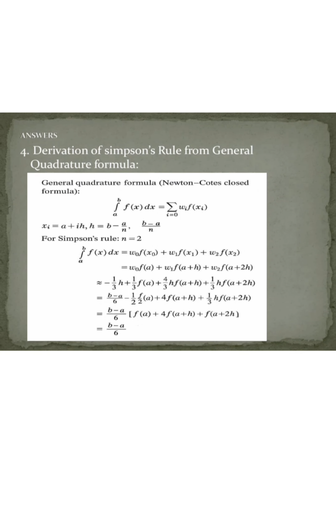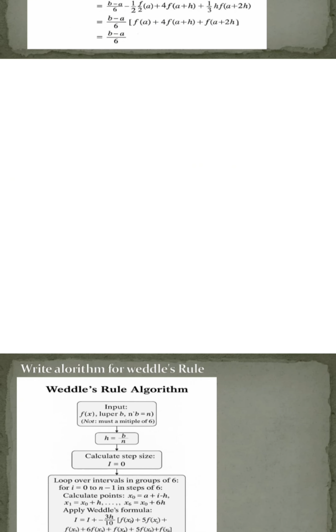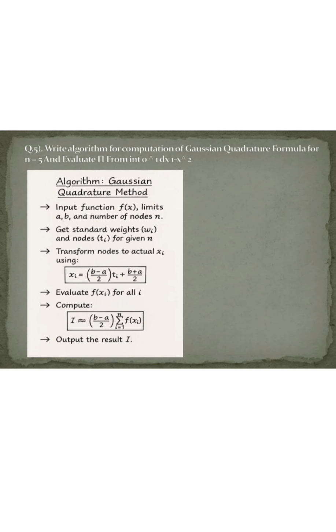That is Simpson's rule. Now evaluate pi from the integral from 0 to 1 of dx over the square root of 1 minus x square. Algorithm, Gaussian quadrature method. Input function f(x), limits a, b, and number of nodes n. Get standard weights wi and nodes ti for given n.